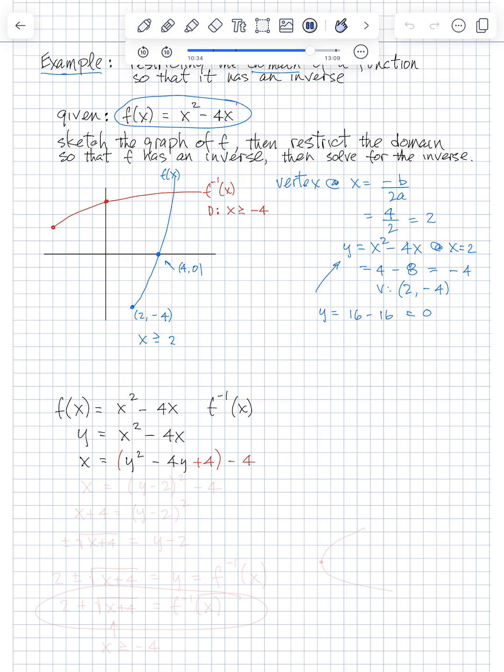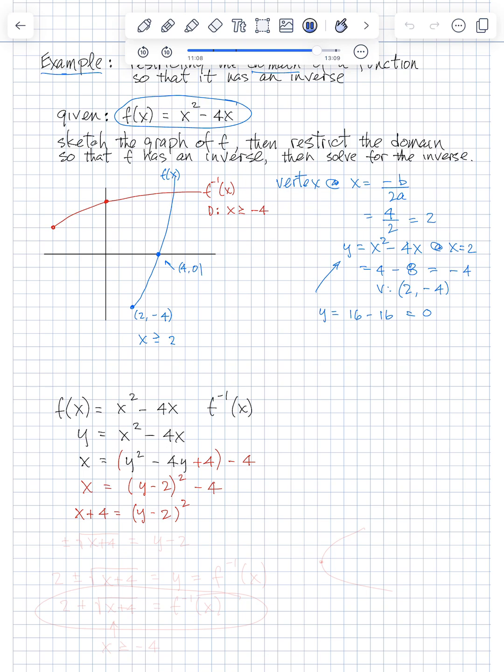So now x equals, the y squared minus 4y plus 4 is a perfect square trinomial. So this is y minus 2, quantity squared, and then we have our negative 4 out here. So we just add 4 to both sides. x plus 4 equals y minus 2, quantity squared.